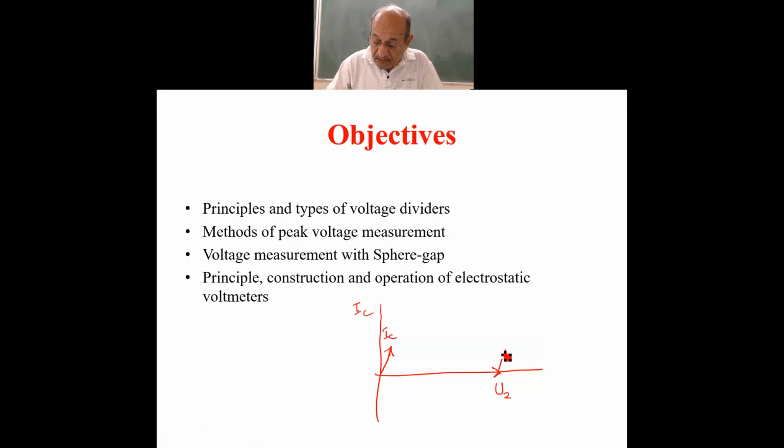So you draw a parallel line here to this, and this is your IC R. This line is parallel to this line, isn't it?